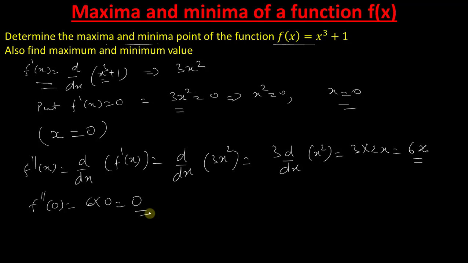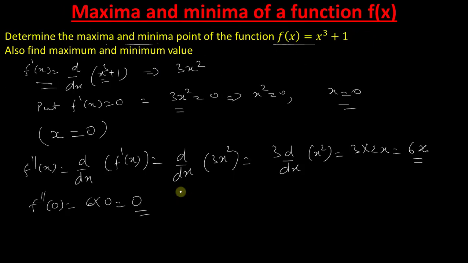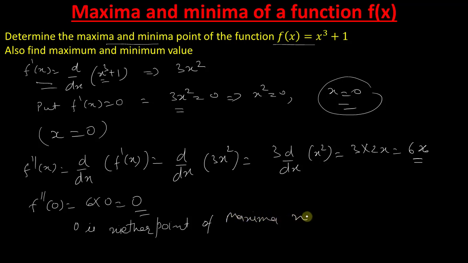Now as I have said, if we go to our first slide, if the second derivative comes out to be 0, then this 0 is neither a point of maxima nor minima, because at it the second derivative is 0.